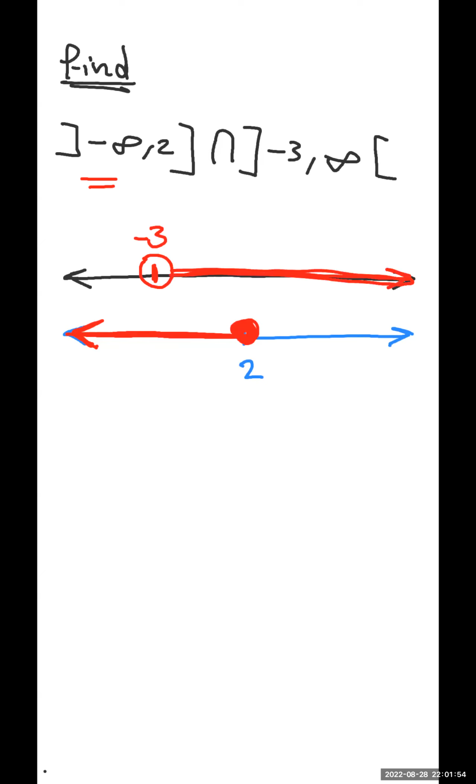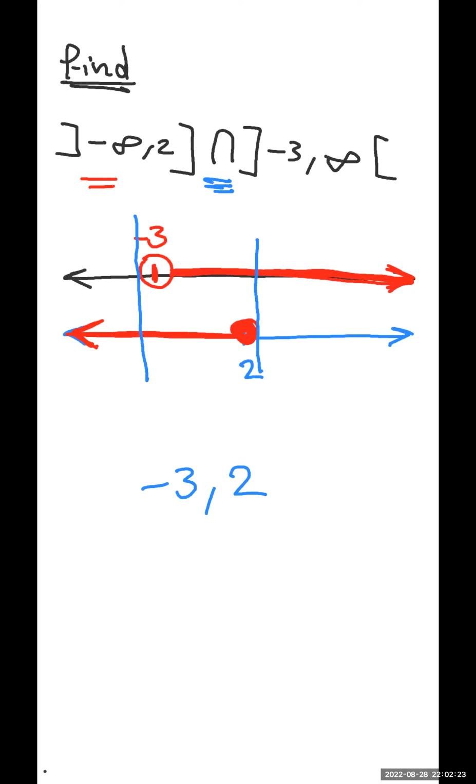Now, guys, I'm going to check what will be the intersection between these two intervals. I think it's very clear that the intersection area is from this point till this point. So now it's from -3, the smaller, till the greater, which is 2.